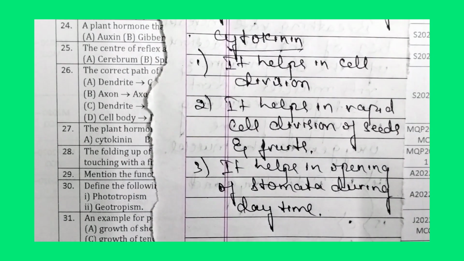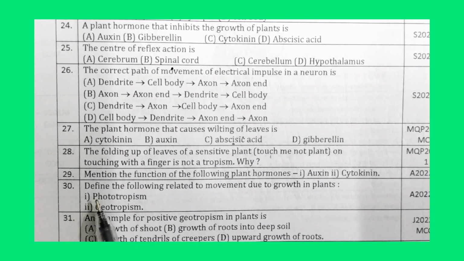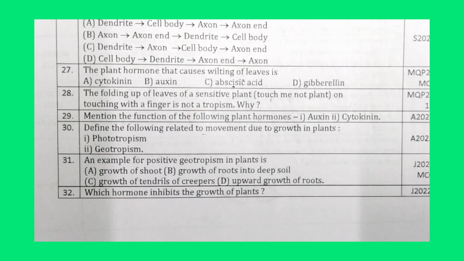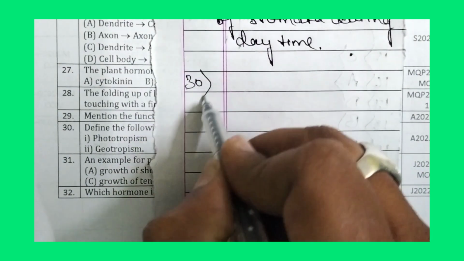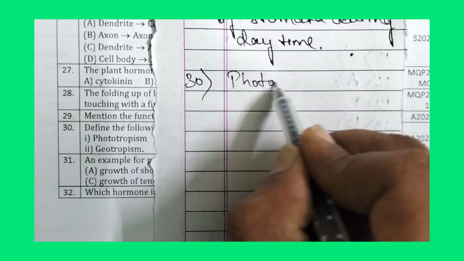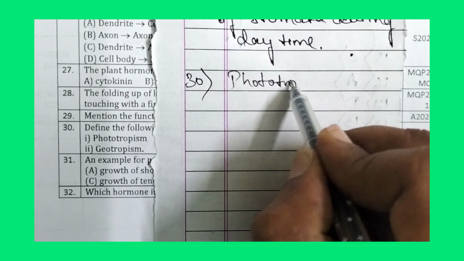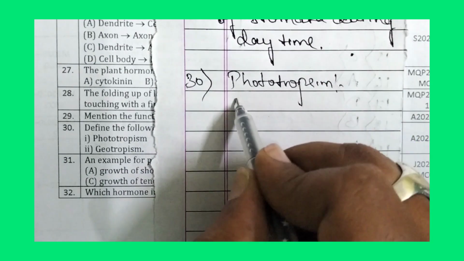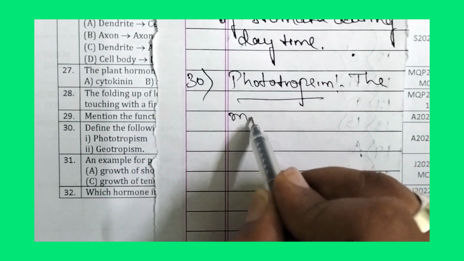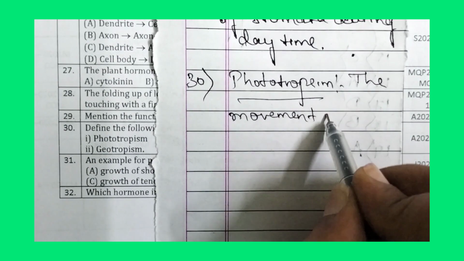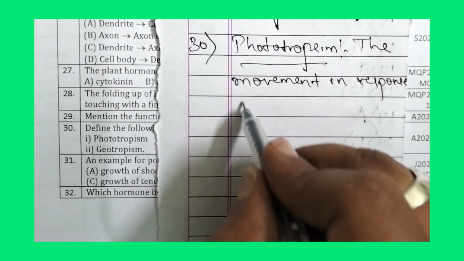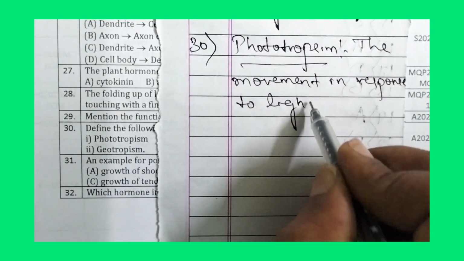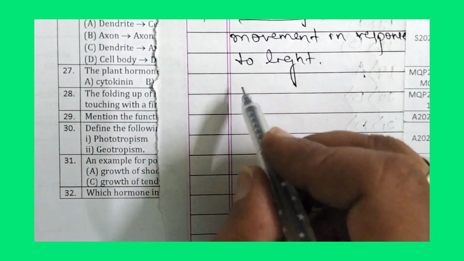Now let us move to the next question, define the following related to the movement of growth in plants, phototropism and geotropism. Let us answer the 30th question. What is phototropism? The movement in response to light is called phototropism.